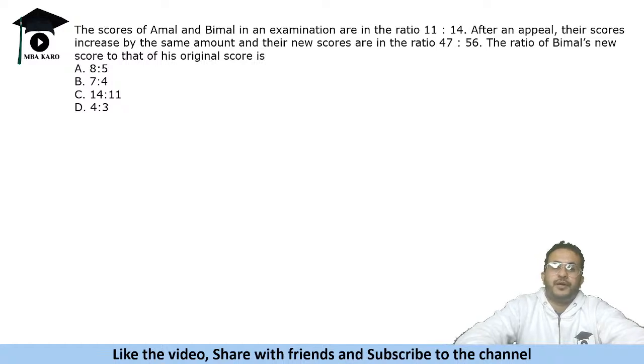The scores of Amal and Bimal in an examination are in the ratio 11:14. After an appeal, their scores increase by the same amount and their new scores are in the ratio 47:56. The ratio of Bimal's new score to that of his original score is?